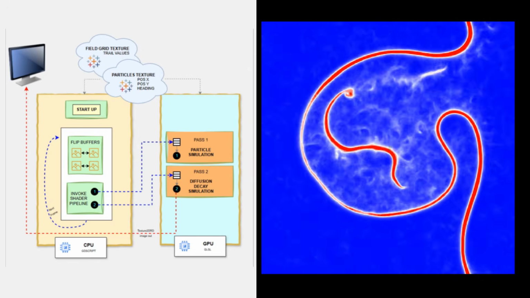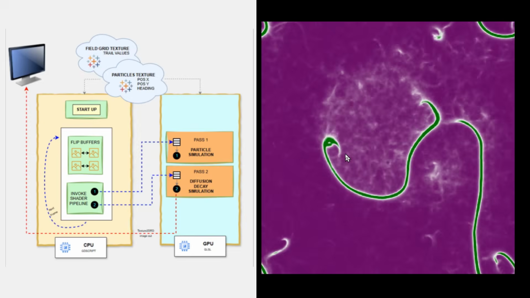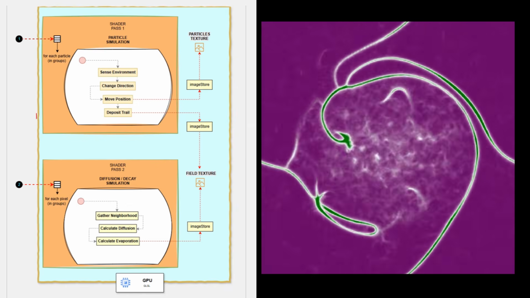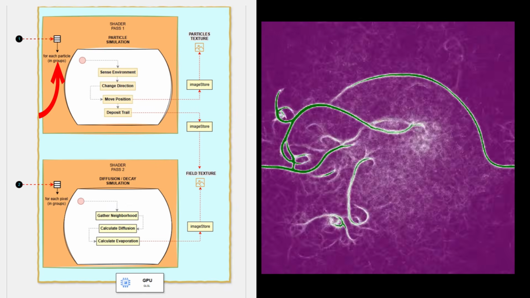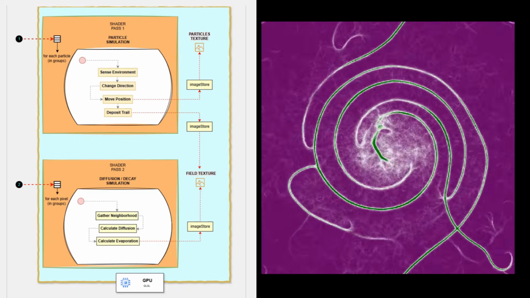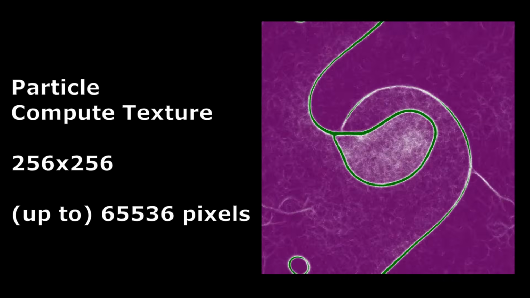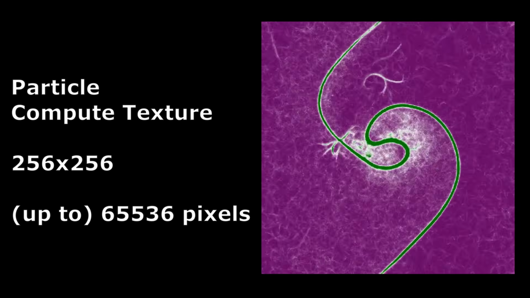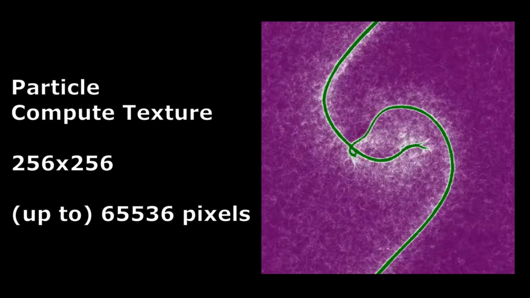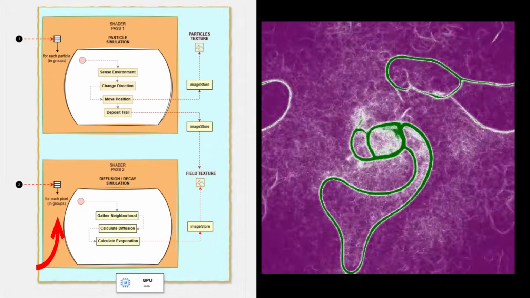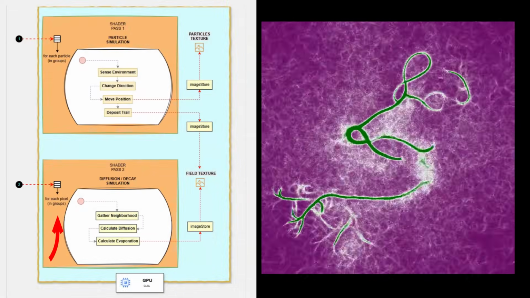As far as performance is concerned, we just need to be careful of two things. First, how many particles do we want for the particle simulation? Our compute texture is 256 by 256, so technically we could have just over 65,000 particles in it, even though we won't use them all. Second, how many pixels are in the trail texture used in the trail simulation?